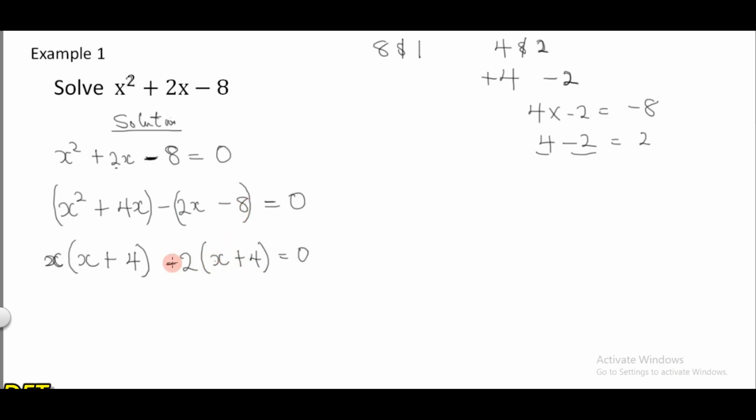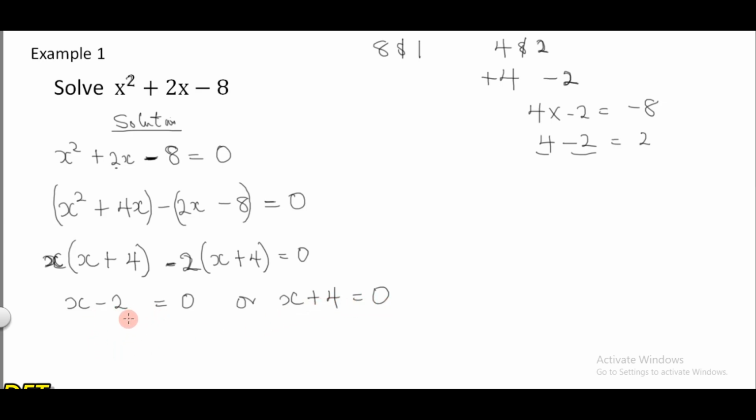Having done this, the next thing I will do is pick one of them: x minus 2 is equal to 0, or x plus 4 is equal to 0. That's how you do it.